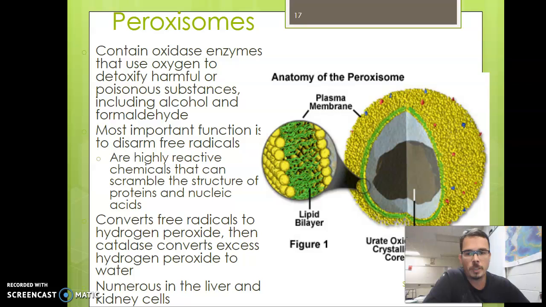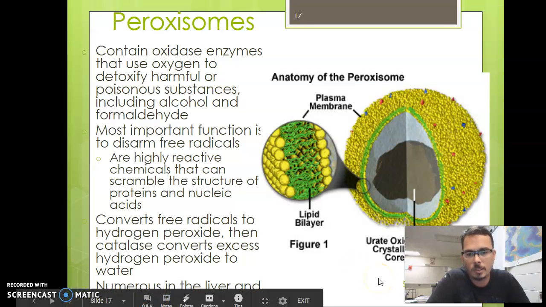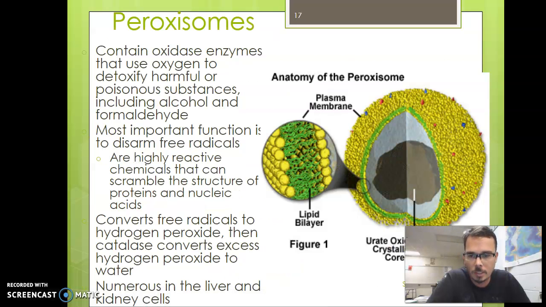So they're highly reactive chemicals that can scramble the structure of proteins and nucleic acids. So the peroxisomes will convert free radicals to hydrogen peroxide, and then catalase converts excess hydrogen peroxide to water. So there are numerous peroxisomes in liver cells and other cells, kidney cells.